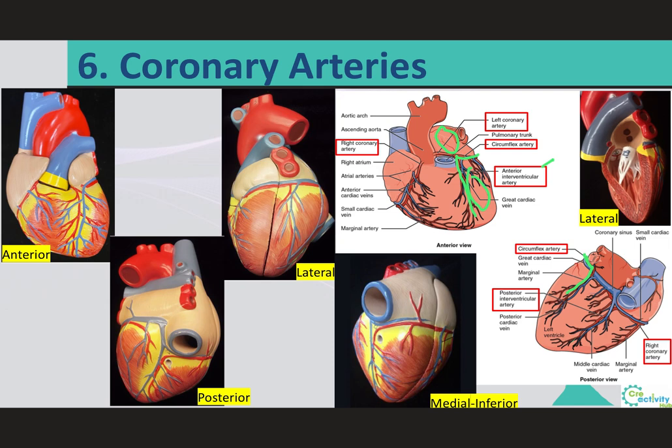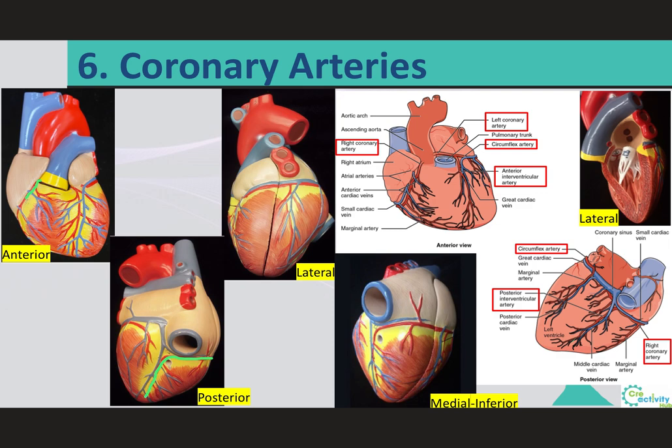And these are the main coronary arteries that you need to know. Of course, all these will branch out into smaller blood vessels, but I just want you to know the main ones, which are the left coronary artery, the right coronary artery. The right coronary artery will become the posterior interventricular artery once it starts to go between the ventricles posteriorly.